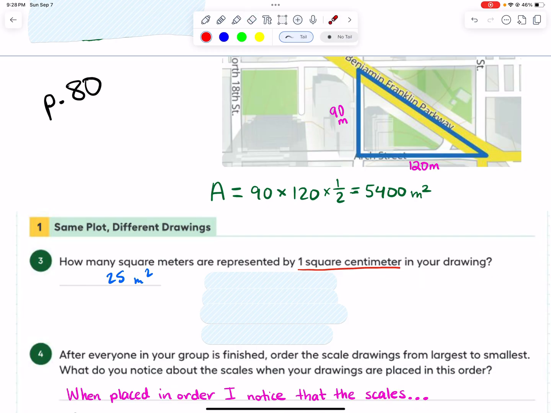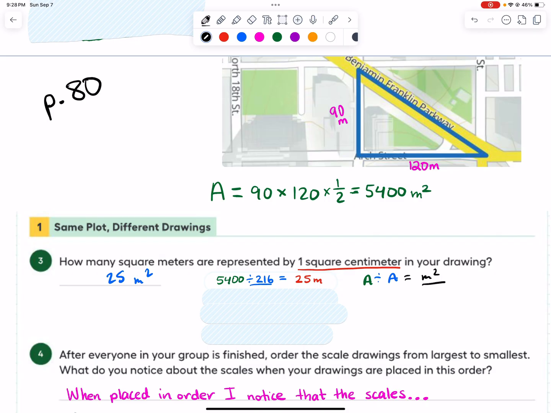It's asking how many square meters are represented by 1 square centimeter. The formula is that you want to have the area of the big one divided by your scale drawing's area, and that gives you your square meters.